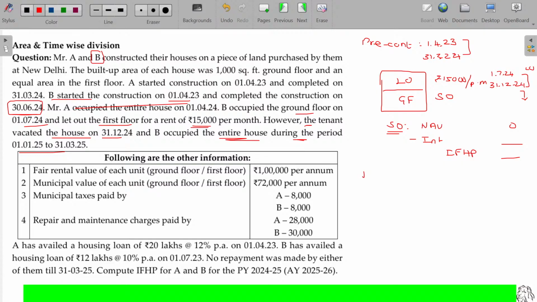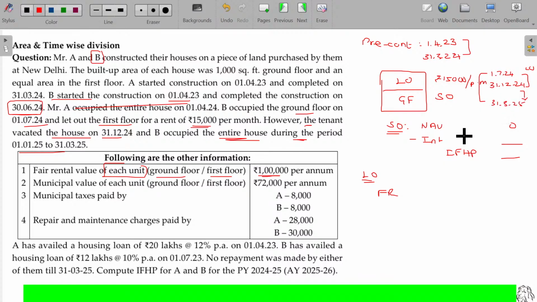In case of let out portion, take the fair rent, ground floor and first floor, each unit costing rupees 1 lakh. But the house property anyhow got ready on only 1/7/24, which means you have to calculate from 1/7/24 to 31st March 25.